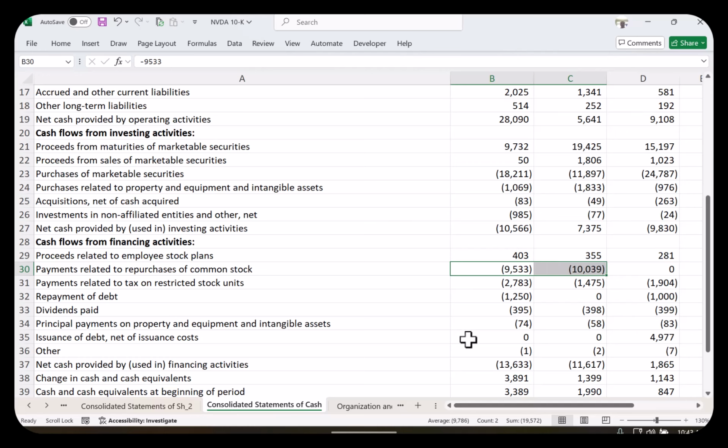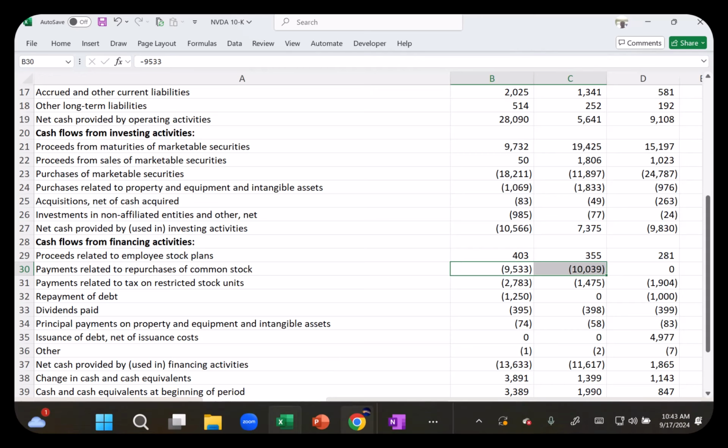They bought about 10 billion worth in 22, about 10 billion in 2023. So not only are they making money, they're also returning the money back to their shareholders and increasing their leverage as well, which kind of makes sense. If you're making a lot of money per dollar invested to the firm, you want to make sure that most of that money comes from somebody else because you don't pay much. Most of the financing of NVIDIA is from essentially current liabilities.